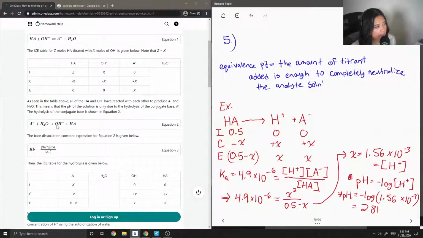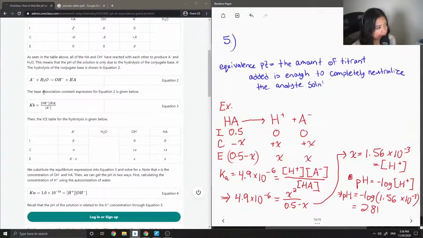So it basically looks like the reverse reaction of the first one. The base dissociation constant expression for equation 2 is given below. So since this is our A minus dissociating to OH, instead of using a Ka expression, they use a Kb expression, which is equal to the concentration of OH minus times the concentration of HA divided by the concentration of A minus.